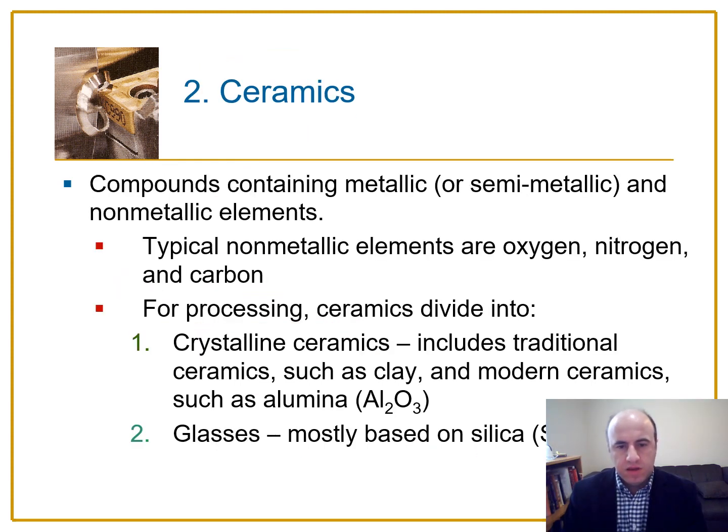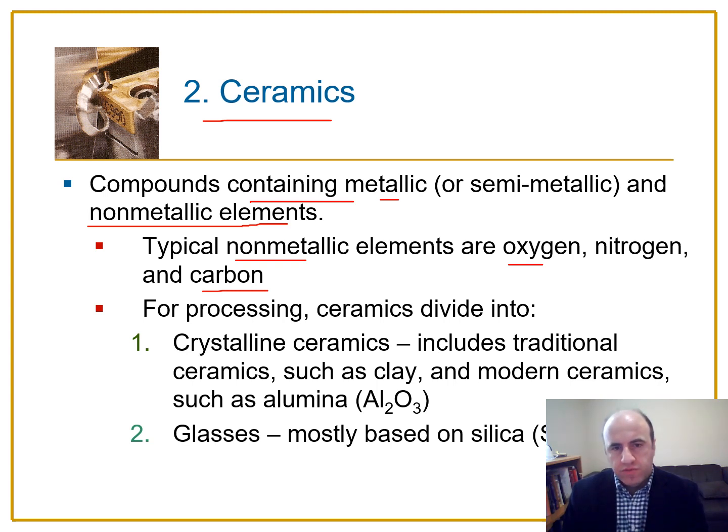The second category is ceramic, and ceramic can contain metallic elements or non-metallic elements. The typical metallic element is aluminum, and the typical non-metallic elements can be oxygen, nitrogen, and carbon.